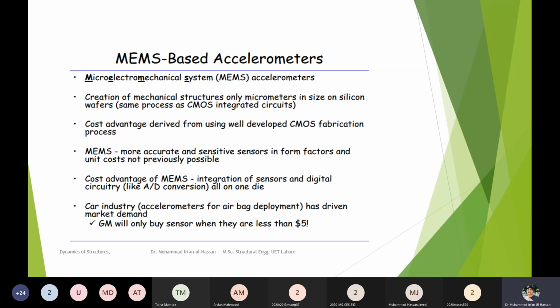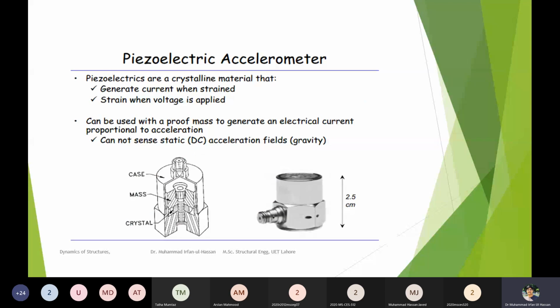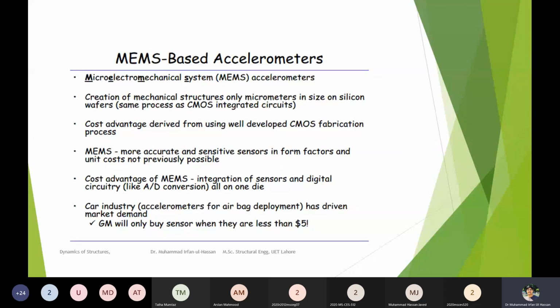And then there are some other accelerometers which are MEMS based. These are cheap accelerometers developed by the electrical engineers. MEMS stands for micro electromechanical systems, and in these accelerometers, mechanical structures only micrometers in size are created on silicon wafers.